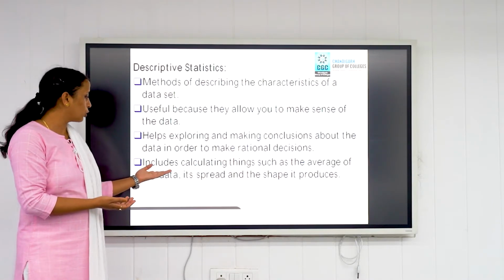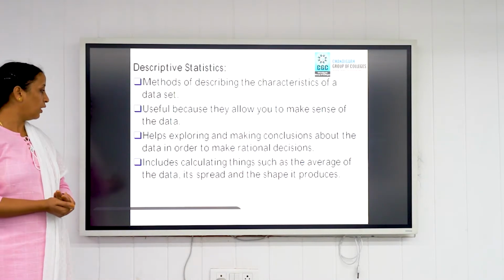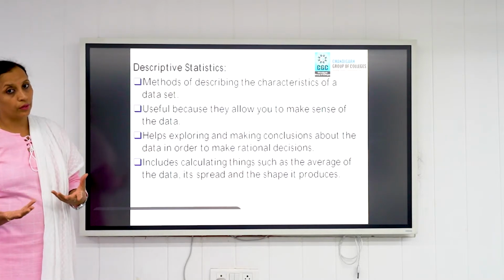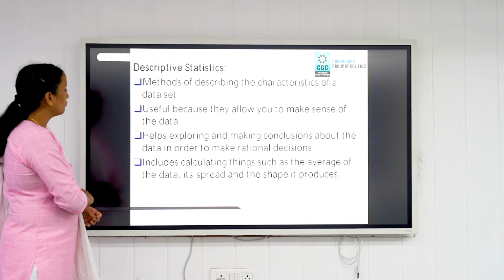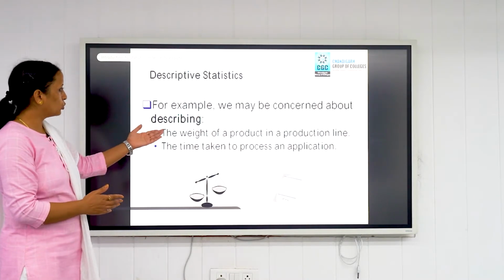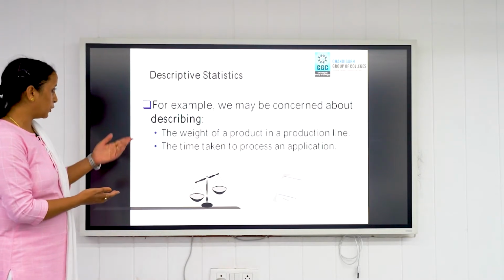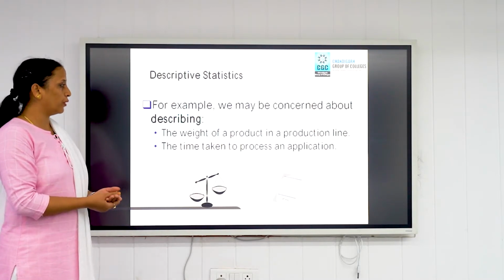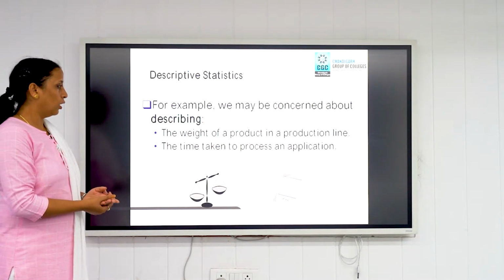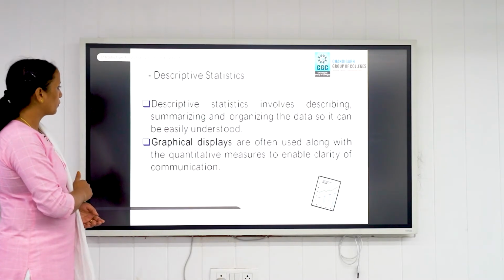This includes calculating things such as the average of the data, its spread, and the shape it produces. An example of data is the weight of a product in a production line, and the time taken to process an application.